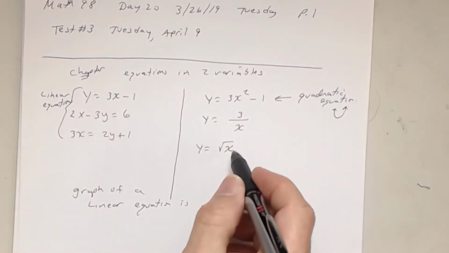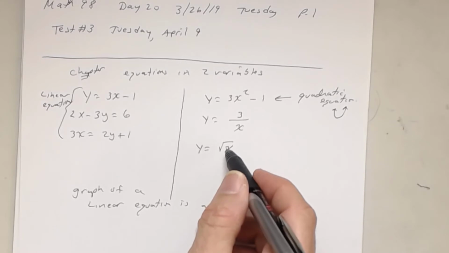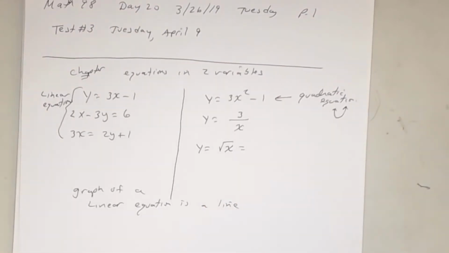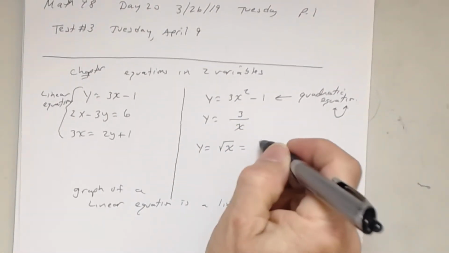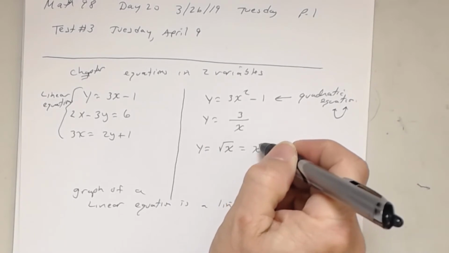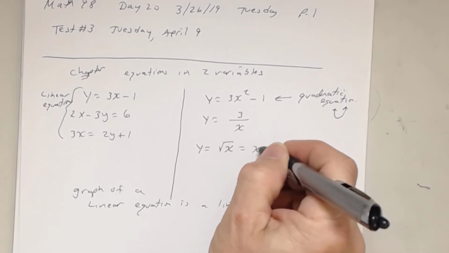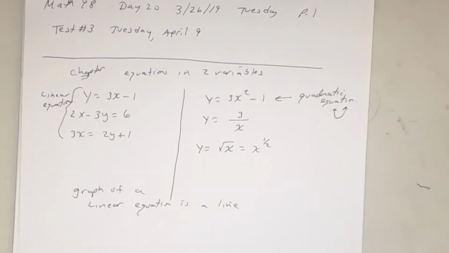The third one here, that's not x to the first. In the next course, Math 99, you're going to learn that the square root of x is really x to the 1/2 power. So why would that not be linear? Because the exponent of x is not a 1, the exponent of x is 1/2.